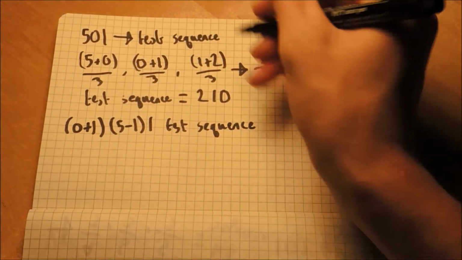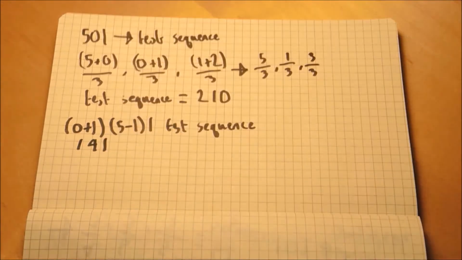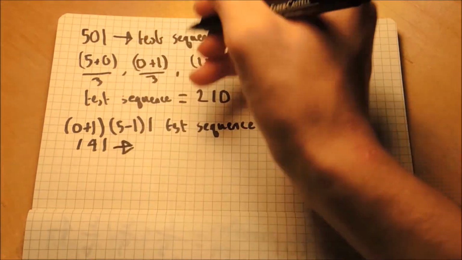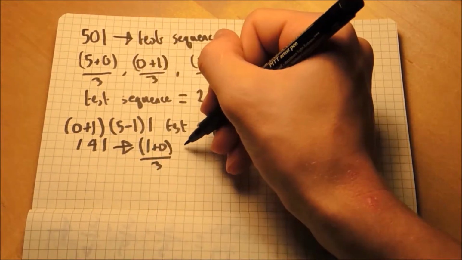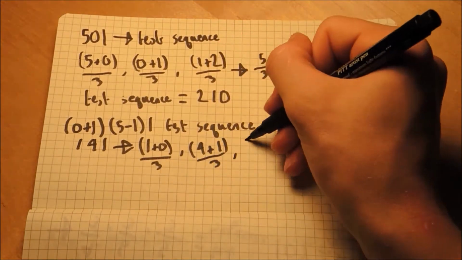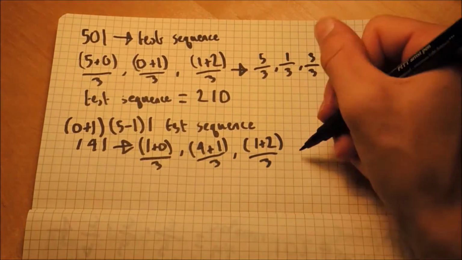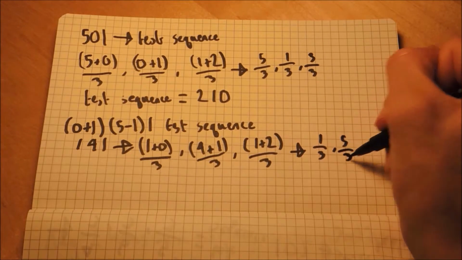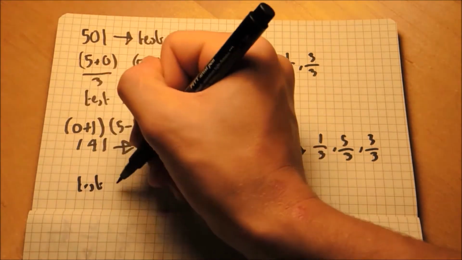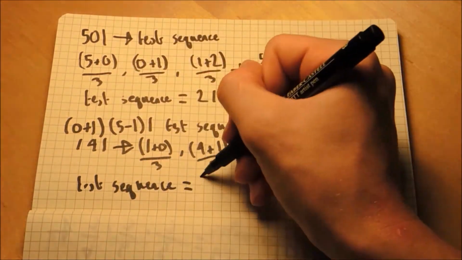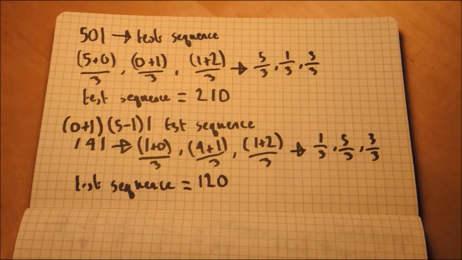We move 0 left and 5 right. We get a new sequence of 1, 4, 1. So we're calculating the test sequence of 1, 4, 1, and what we're going to get is that two terms in this test sequence have switched. It becomes 1, 2, 0, and is still a valid siteswap.